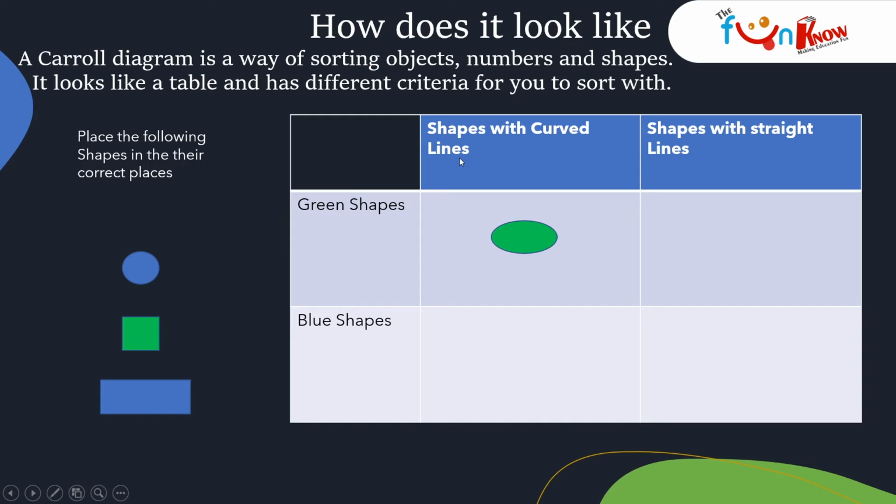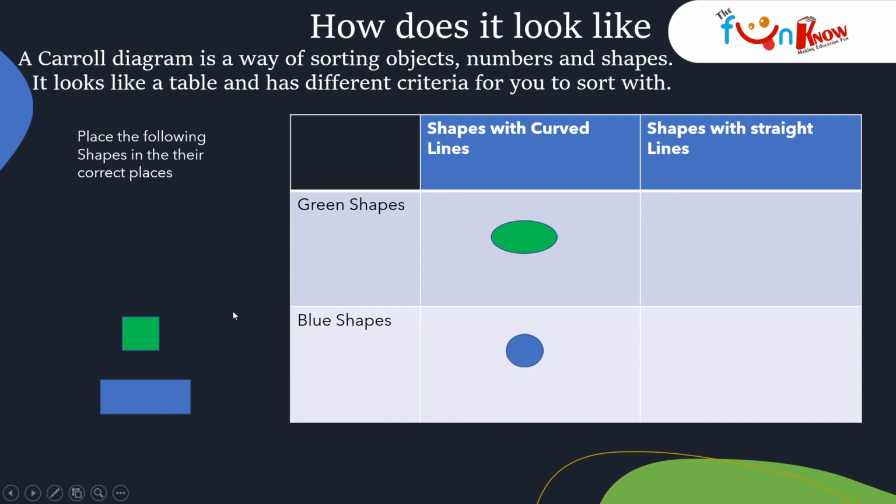Now just tell me, does figure number 2 have blue color or green color in it? Yes, it has blue color. Very good, students. Excellent. So now we will place the shape of figure number 2 at its place. It will come here, in blue color and curved lines.